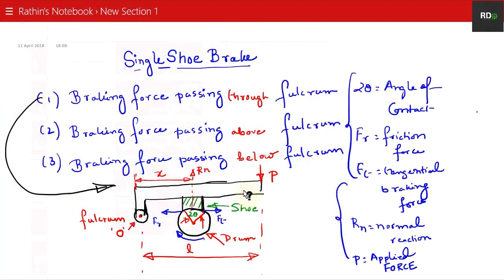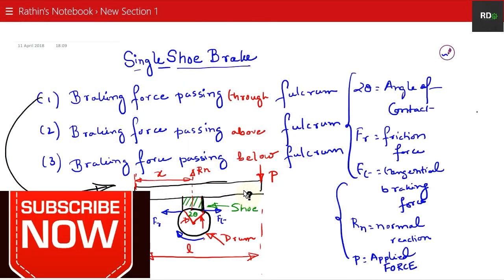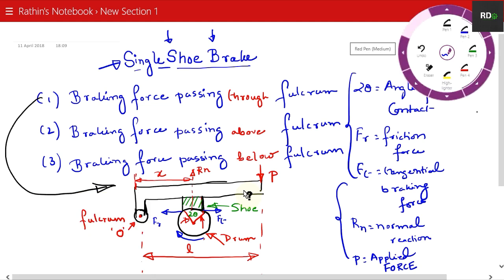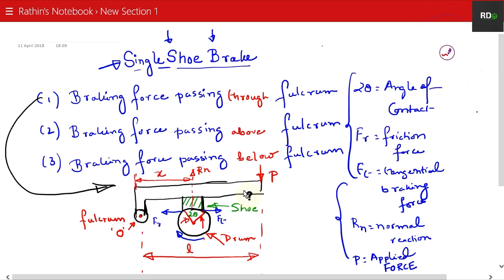So guys, this is the single shoe brake I was talking about. As we have discussed, we will see the three cases. First, the braking force or the torque force passing through the fulcrum, then the braking force passing above the fulcrum, then the braking force passing below the fulcrum.